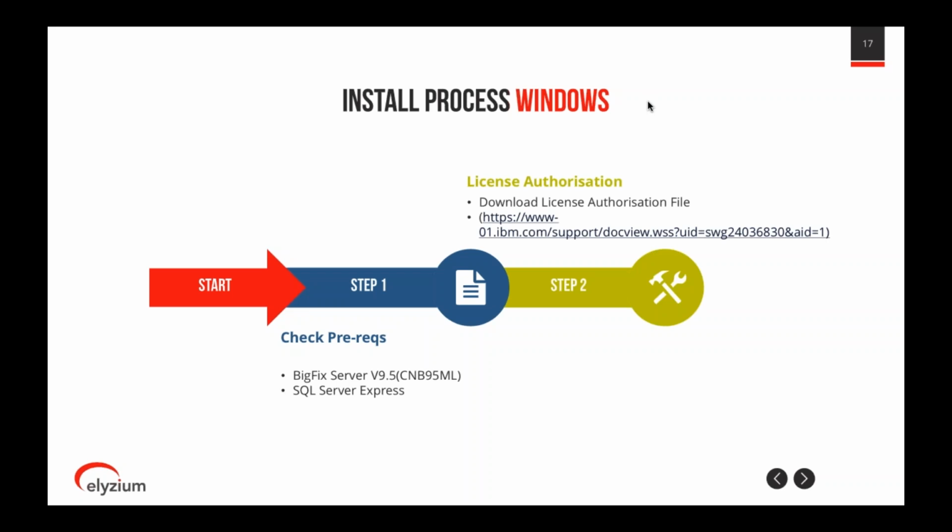Once you've got BigFix installed, you have to go to this website and download what's called an authorization file. With the all-in-one installer, all of these steps are done in the background, but when you're using Windows, you have to do this manual step. If you click on that link, you put in your name, organization name, and your email address, and then it will send you an email and also allow you to download the authorization file.